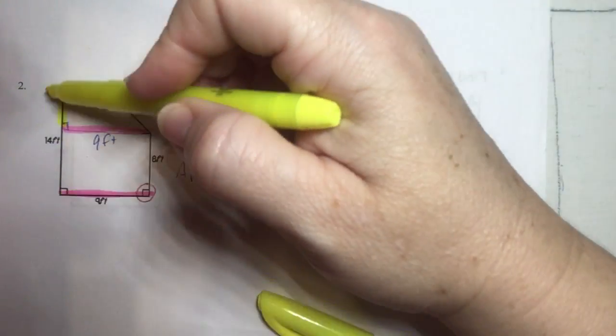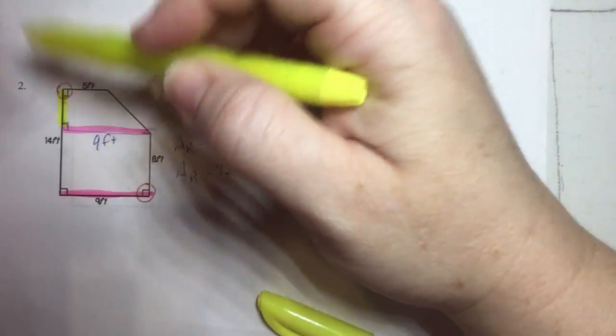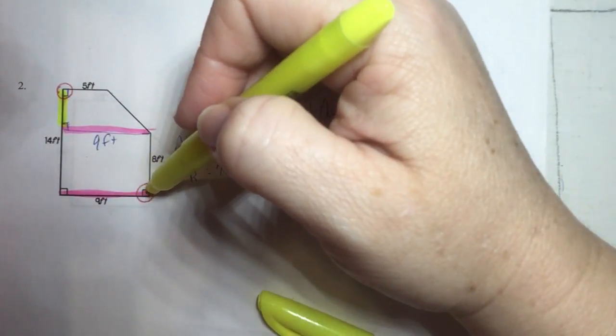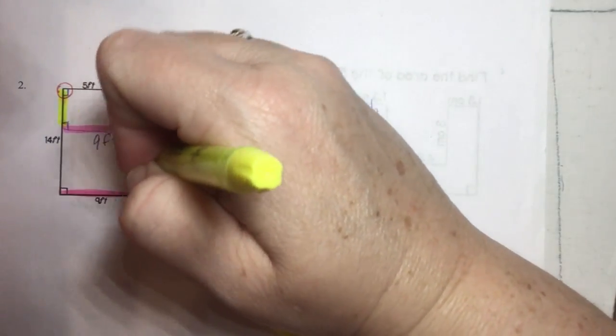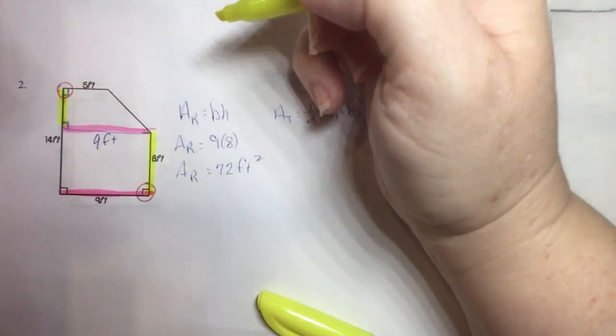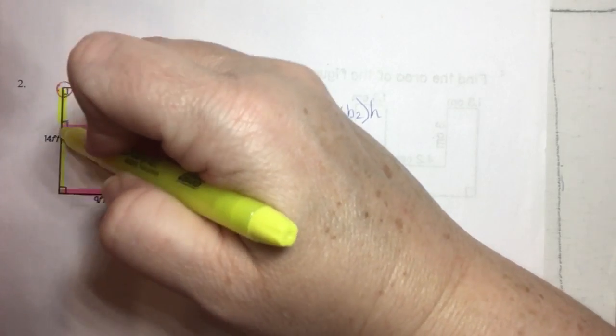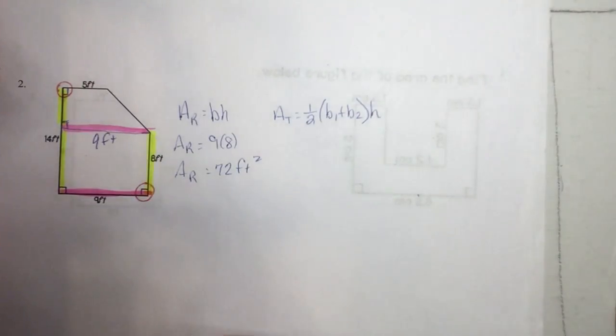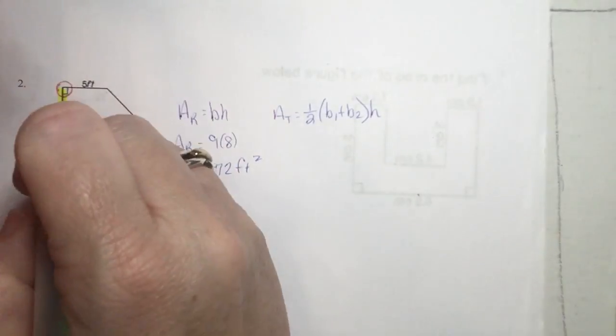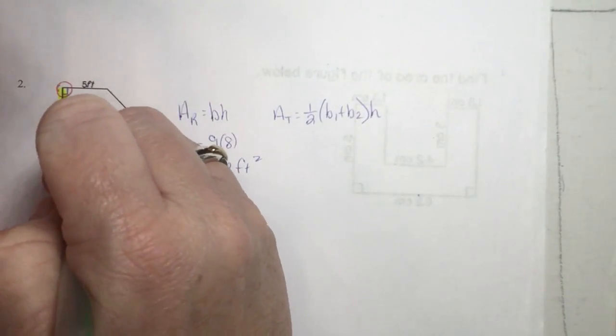Well, I know this whole piece is 14, right? And I know this piece right here is 8. So if this piece is 8, right here, that means this piece over here is also got to be 8, right? Because that's the same distance. So this piece is 8.